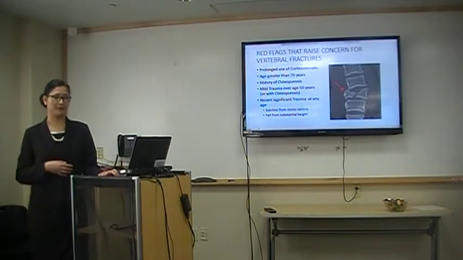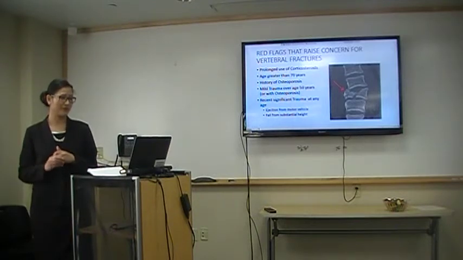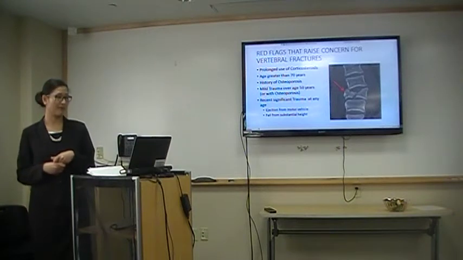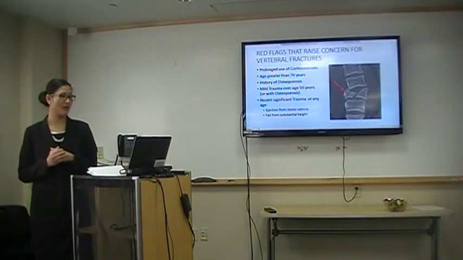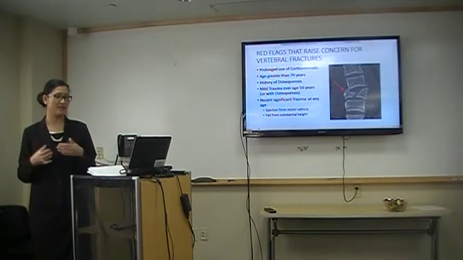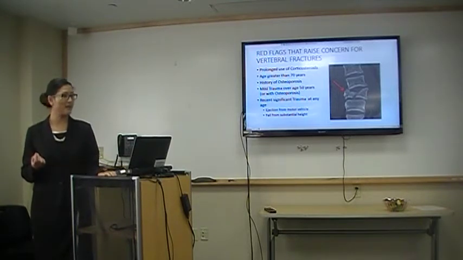And again, in back pain, if patients have unstable vertebral fractures, you also want to rule that out. We see this with patients with prolonged use of corticosteroids, age greater than 70 years, history of osteoporosis, or patients who have mild trauma over age 50, or recent significant trauma at any age, like an injection or a fall from a substantial height.